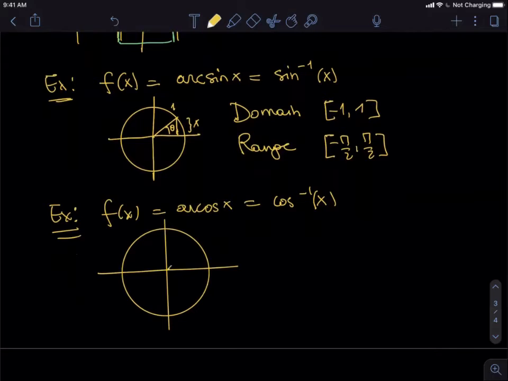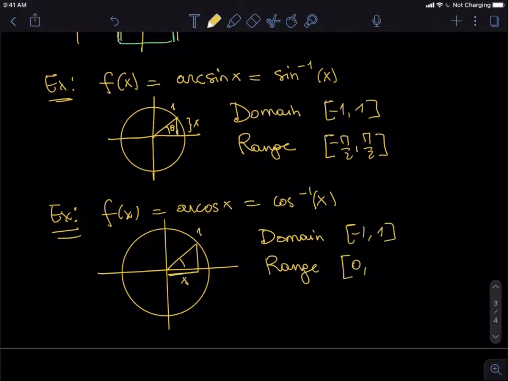So when we have the unit circle, then here, this is my x, the cosine, and then the arc cosine is that angle. So in this case, the domain is again negative 1, 1. Okay, and in this case, the range is going to be 0 to pi.